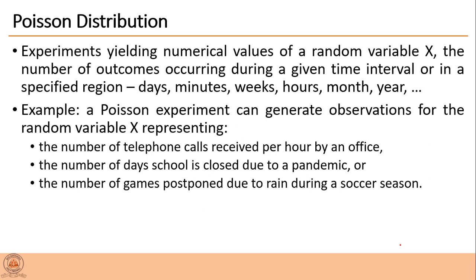For example, a Poisson experiment can generate observations for the random variable x representing 1, the number of telephone calls received per hour by an office. Another example is the number of days school is closed due to a pandemic, just like we had the COVID-19. So how many days did it take us to go back to the classroom from virtual studies?